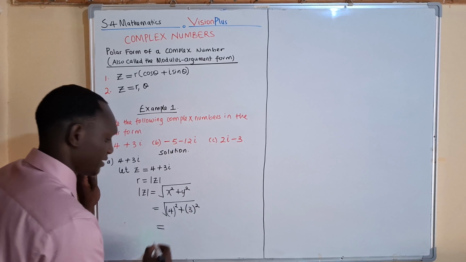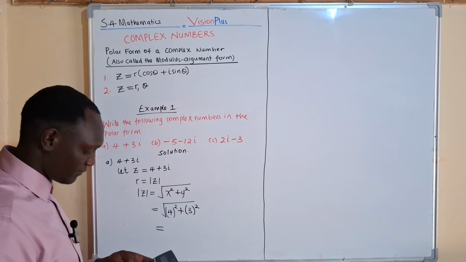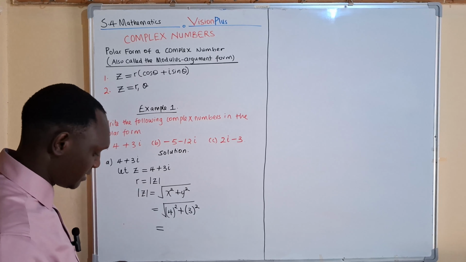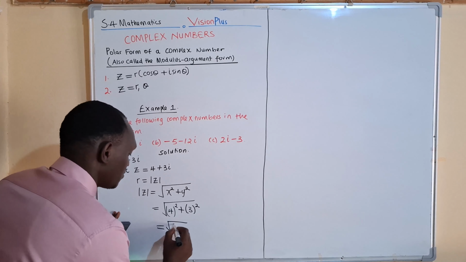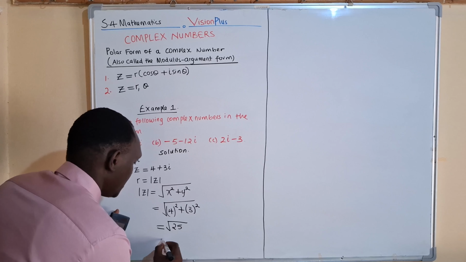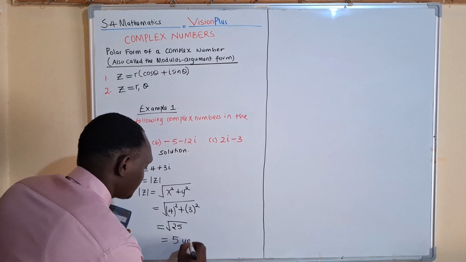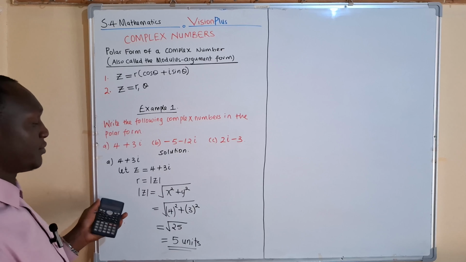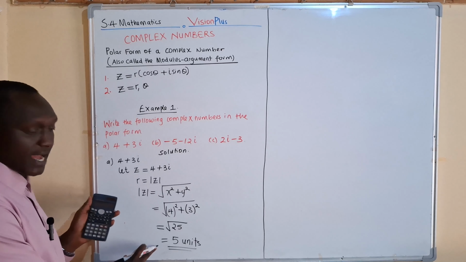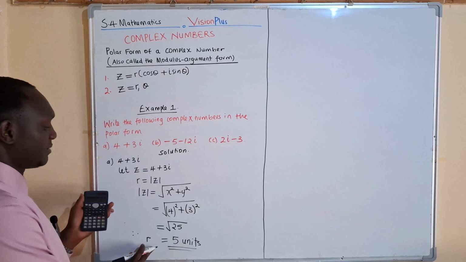Then you press your calculator. 16 plus 9 is 25. 4 squared plus 3 squared is the square root of 25. Then you press the square root of 25 and we have 5 units. Remember, this is the distance, so we take the positive part. So we have got r, the modulus of the complex number.